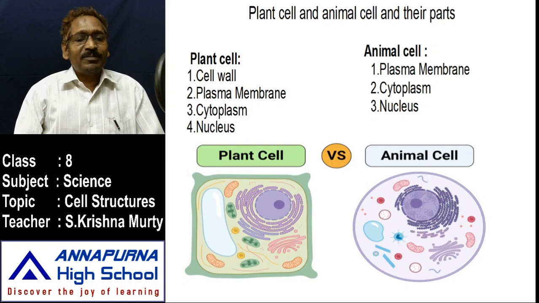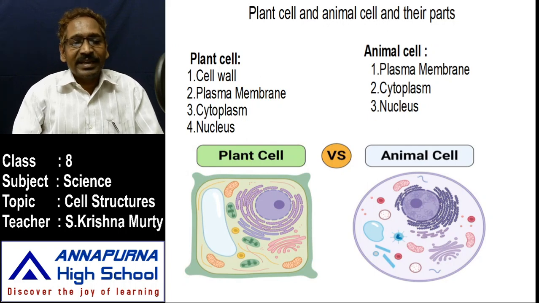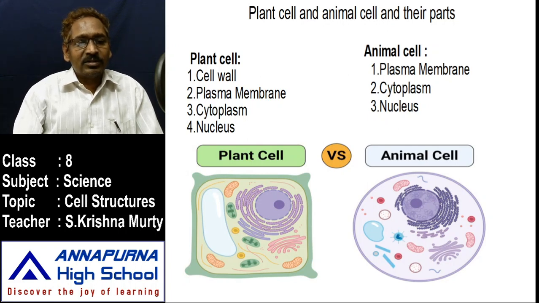And beneath the plasma membrane, there is some space between the plasma membrane and the nucleus, which is filled with granular material. That is the light colored portion, the cytoplasm.